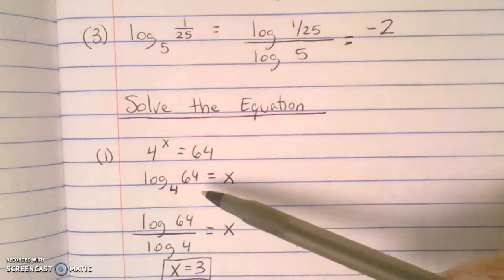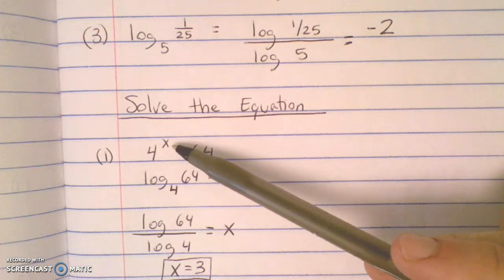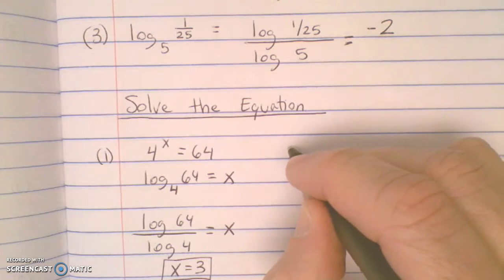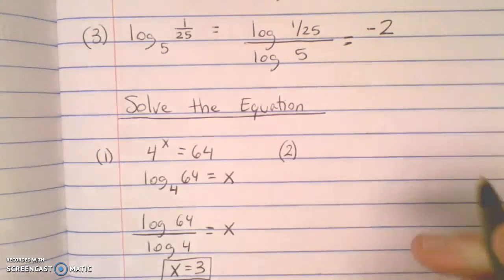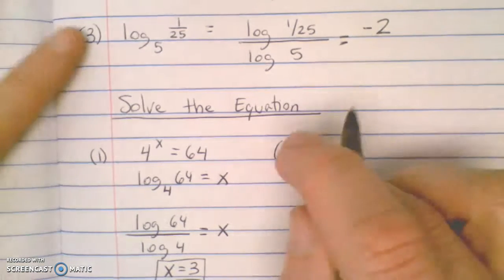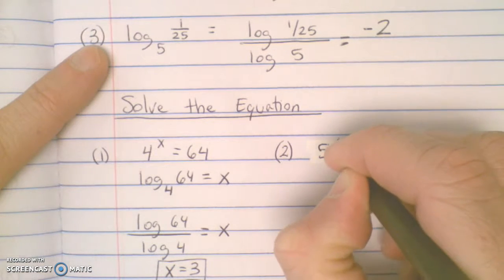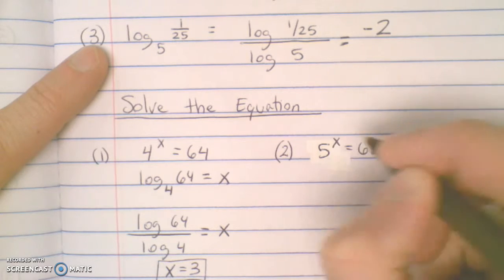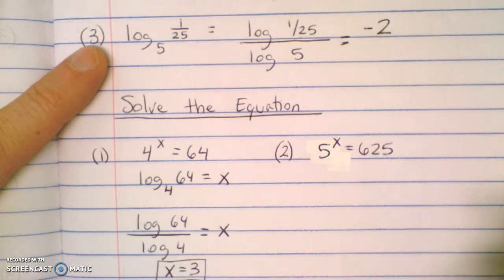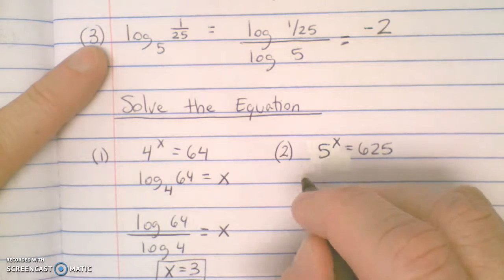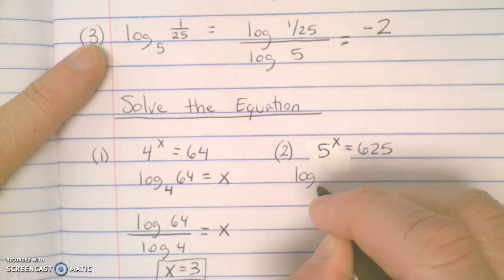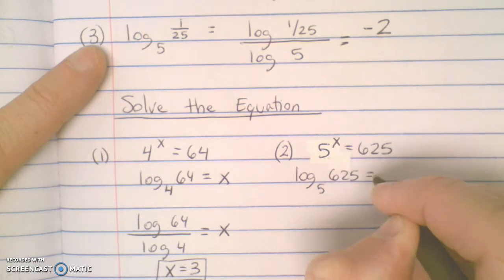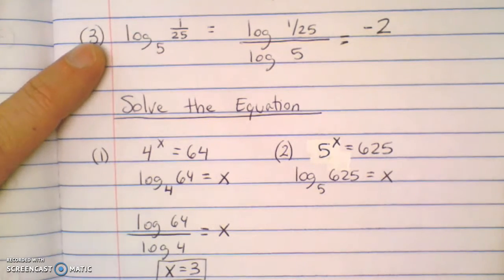So using logs helps us to figure out a way to determine what the exponent is in the equation. Let's try another example. All right, so we'll do 5 to the x equals 625. So to solve this, we have to rewrite this in log form. So it's going to be log base 5 of 625 equals my exponent, which is x.